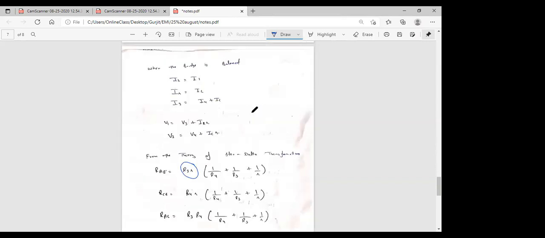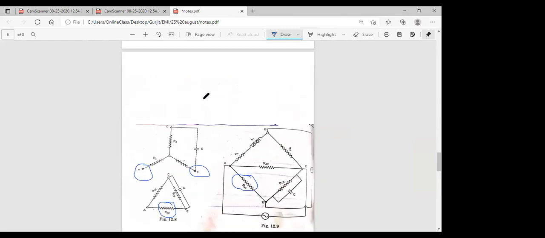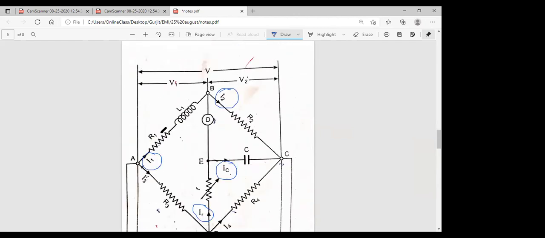So I have written the equations here. I2 is equal to I1. Means whole current I1 that is flowing from this R1 and L1 is flowing from the R2. Means I1 is equal to I2. No current will pass from the detector. So the detector is showing the zero indication.